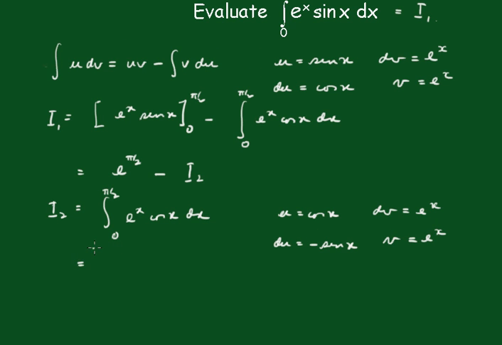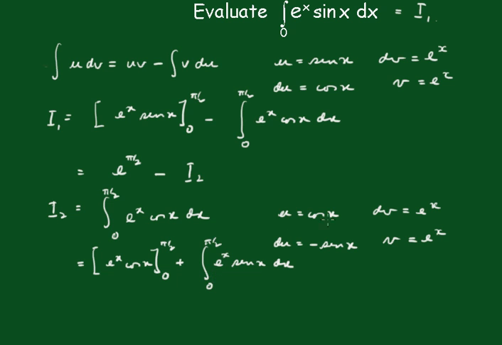So that equals uv, e to the x cos x between pi upon 2 and 0 minus the integral of v du, so it makes that a plus, e to the x sine x. So we got back to where we started from.